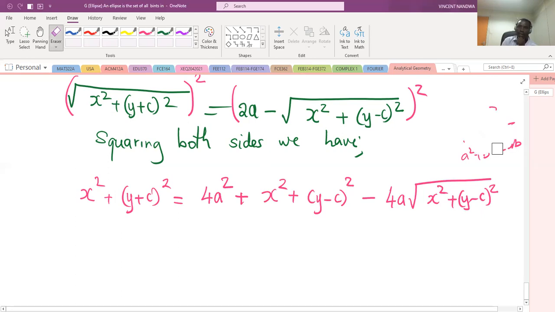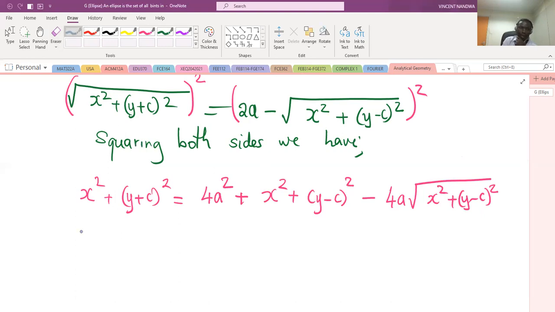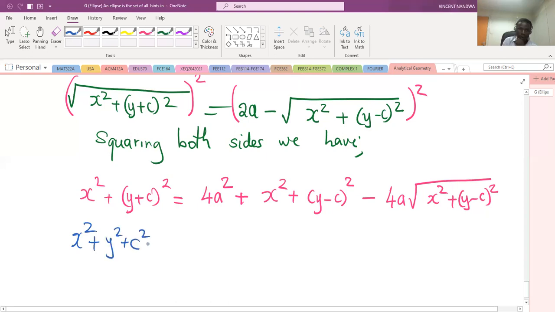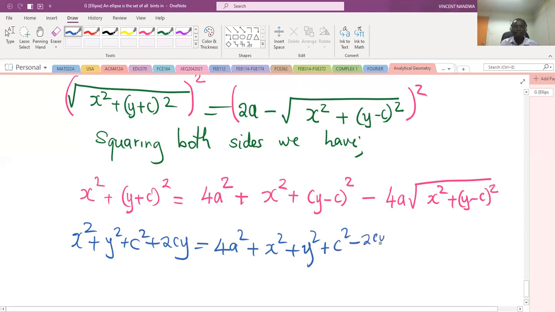So next step, let's now expand these squares. We'll have x squared plus y squared plus c squared plus 2cy equals 4a squared plus x squared plus y squared plus c squared minus 2cy minus 4a square root of x squared plus y minus c squared.